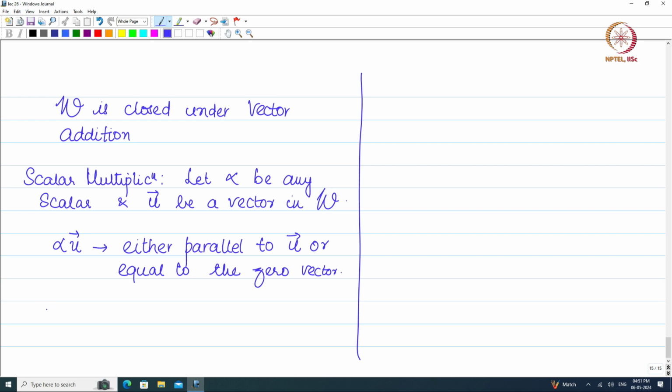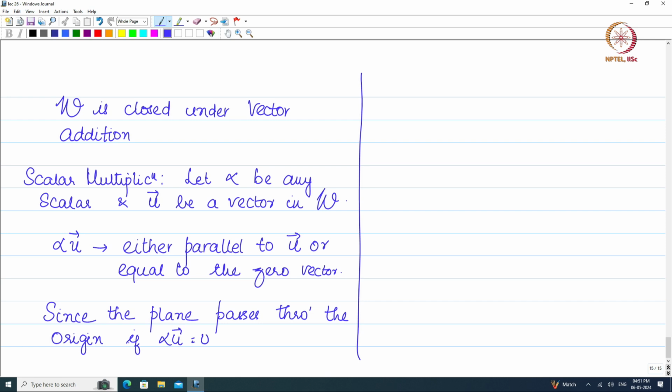Therefore, since the plane passes through the origin, if alpha u is equal to the 0 vector, it is in W, and any vector which is parallel to u will also be an element of W, that means it is closed under scalar multiplication.